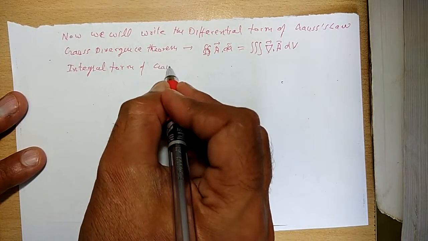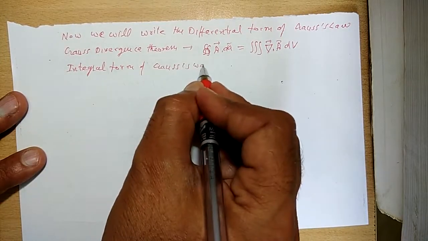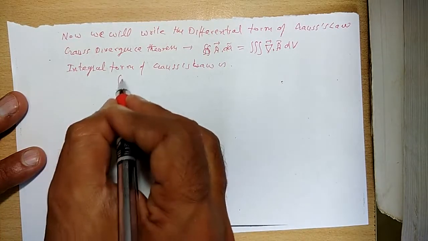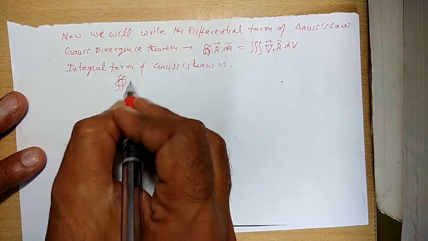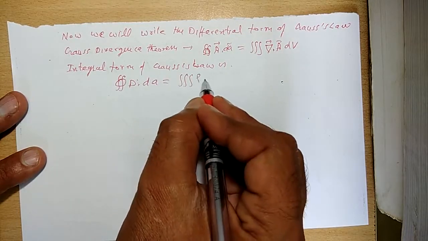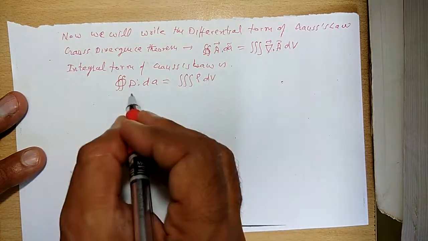and we know that the integral form of Gauss law is d dot dA is equal to volume integral of rho into dV.